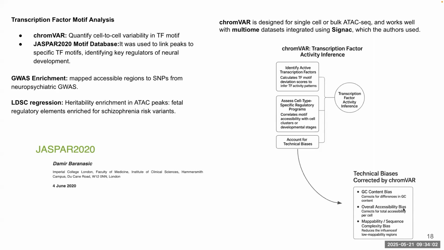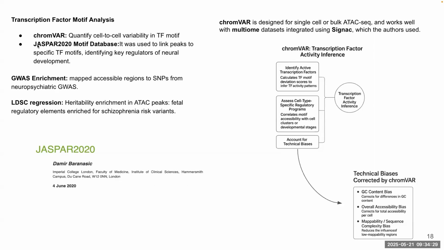Also, the overall accessibility bias corrects the total accessibility of peaks, because we can have more peaks related to one region and a different number of peaks related to another region. So it models this. And it also handles mapping or sequence complexity bias, reducing the influence of low-mapping regions. That is basically the same.